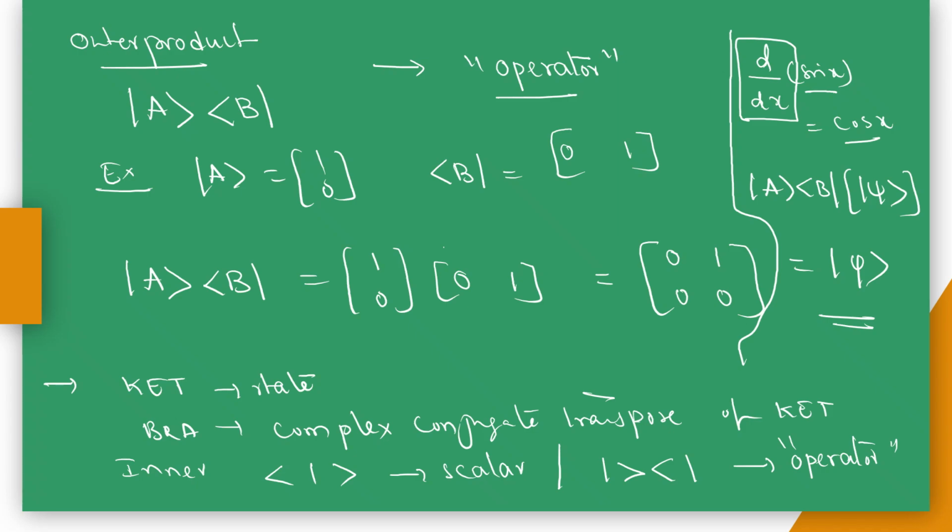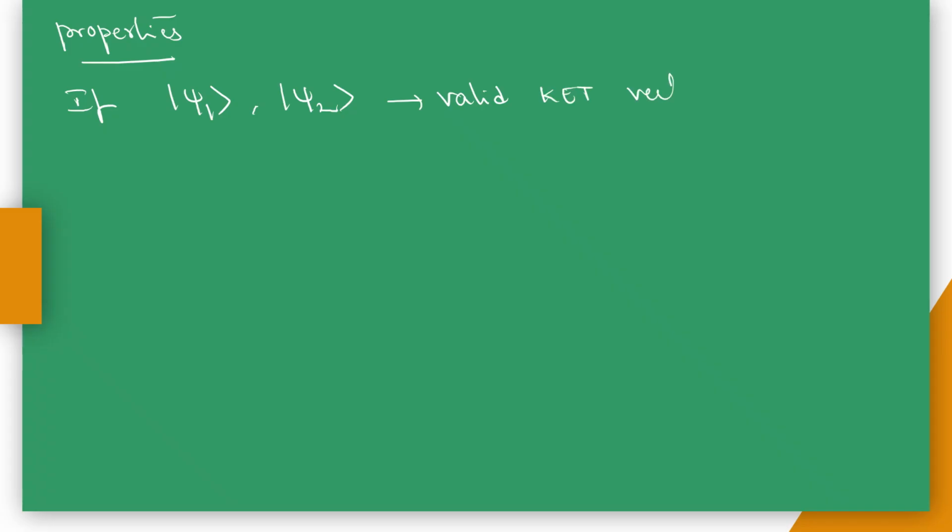And coming to the properties point of view, we need to mention the properties. If ket psi 1 and ket psi 2 are valid ket vectors, the linear combination of them is also a valid ket.